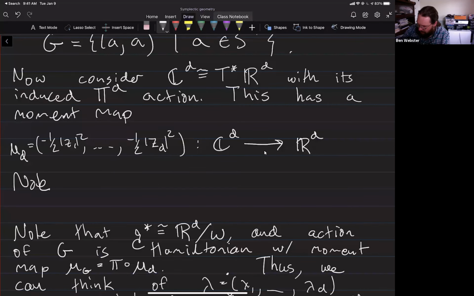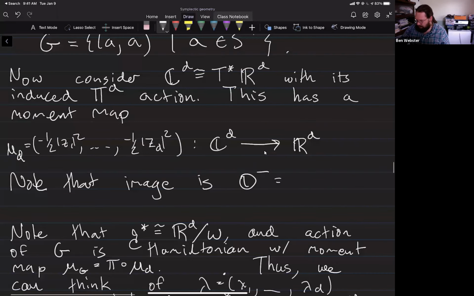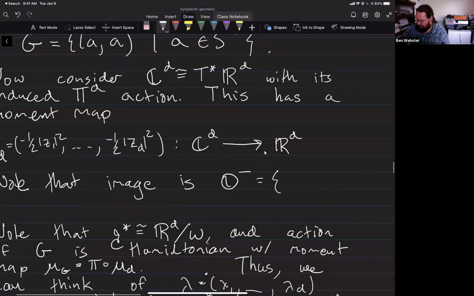Note that the image of this is exactly this negative orthant. It's exactly the elements in RD, say y, such that all of the coordinates are less than or equal to 0.